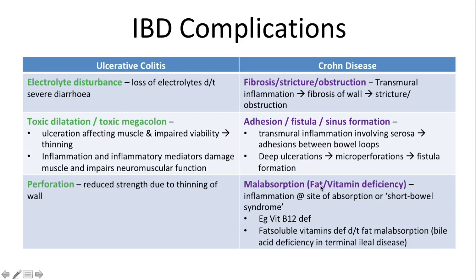Okay, and the complications of malabsorption, which can be fat or vitamin deficiency, and this is because there might be inflammation involving the sites of absorption or short bowel syndrome, as we discussed earlier. So the deficiency can cause further complications such as anemia in vitamin B12 deficiency. You can have fat soluble vitamin deficiency secondary to fat malabsorption.